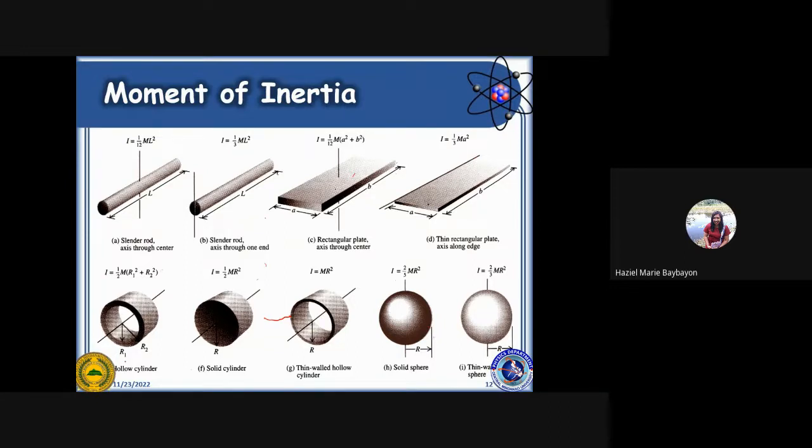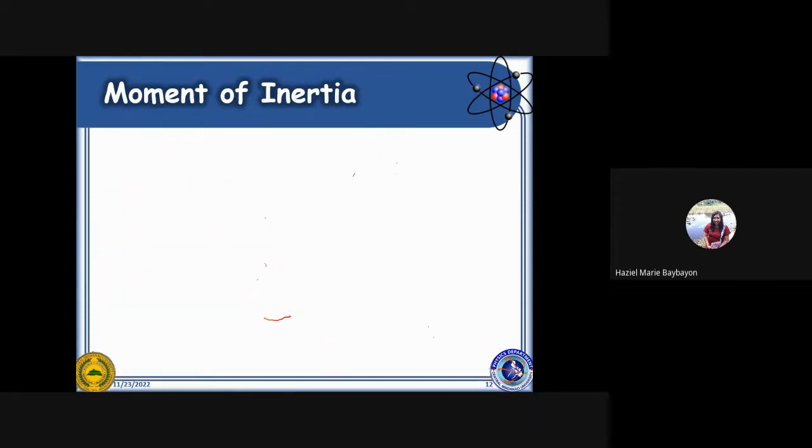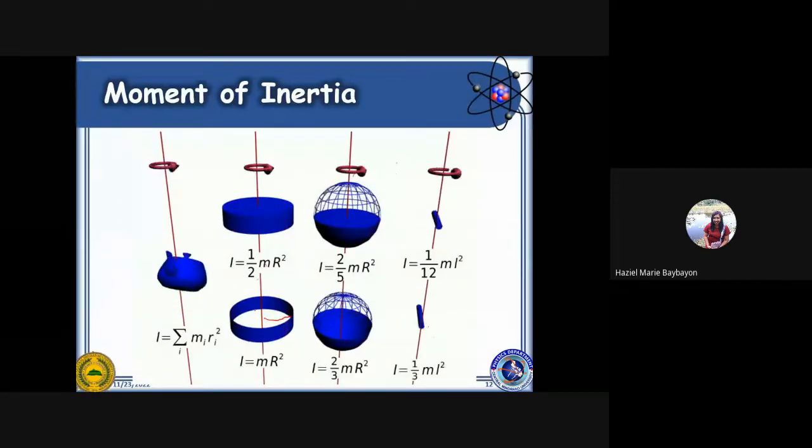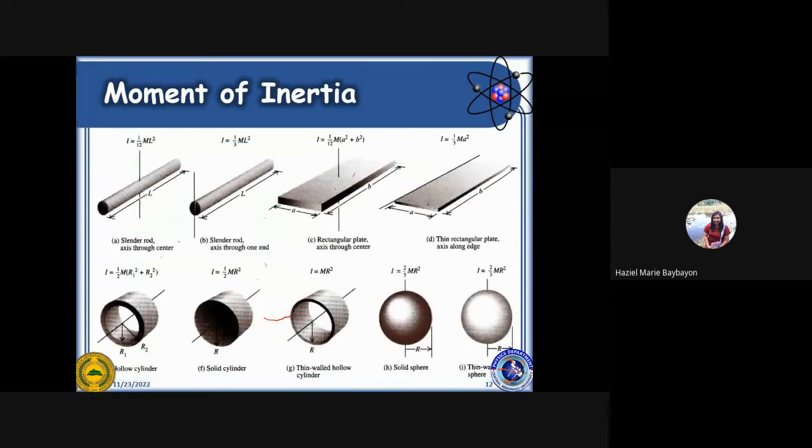And then here is a hollow cylinder. But unlike the hollow cylinder we considered earlier, this one has an inner radius and an outer radius. So its value is different from I equals mr squared, which is for a thin-walled cylinder, like a milk can. Okay, this one is like a thick tube with an inner radius and an outer radius.